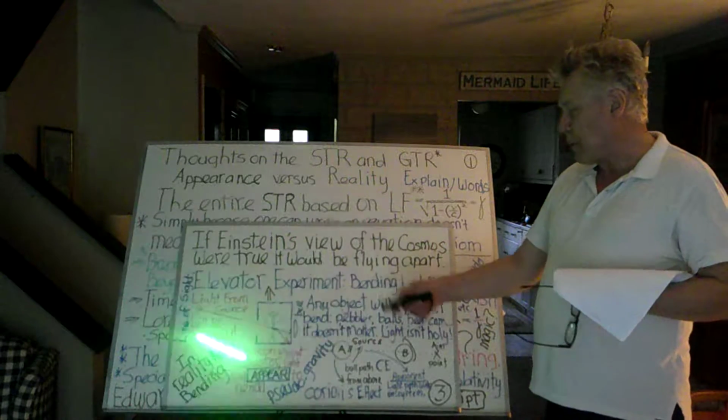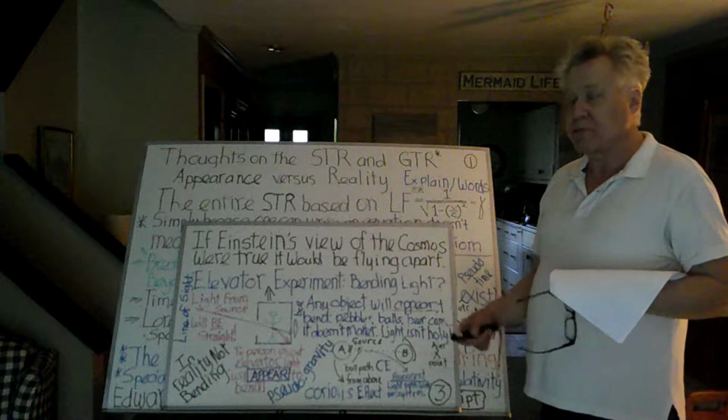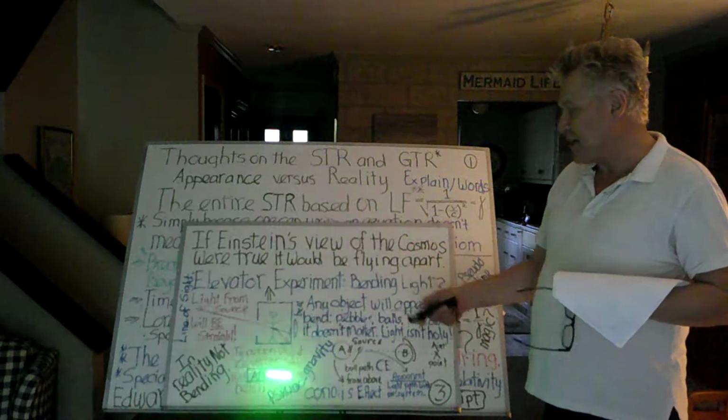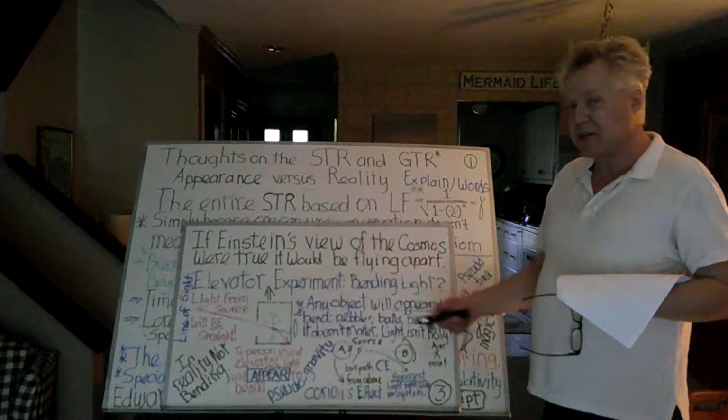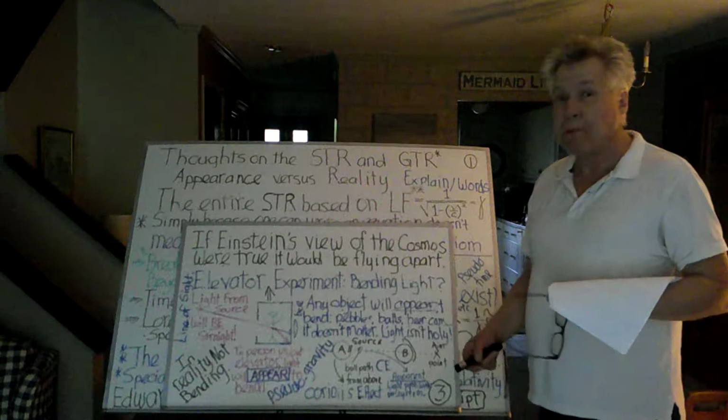If this is just an appearance, right, and Mr. Einstein, the equivalence principle, if he based the idea that light bends because of this, he's wrong, right? It appears to bend. It doesn't bend.